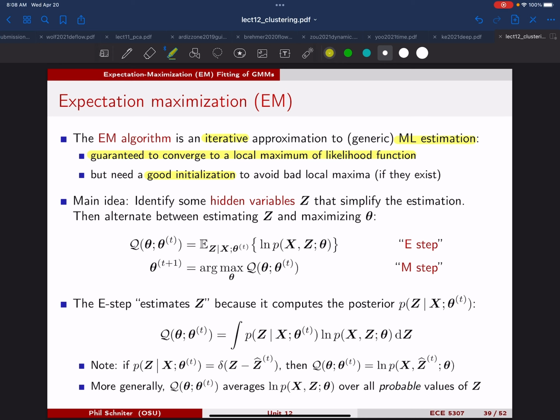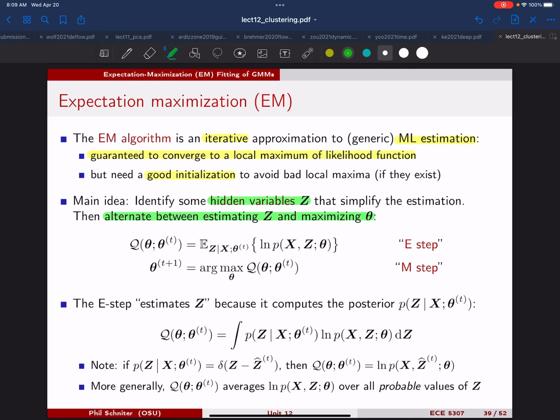Okay, so the way that the EM algorithm works is, first of all, you identify some hidden variables. We're going to call them Z. Then you alternate between estimating Z and maximizing theta.